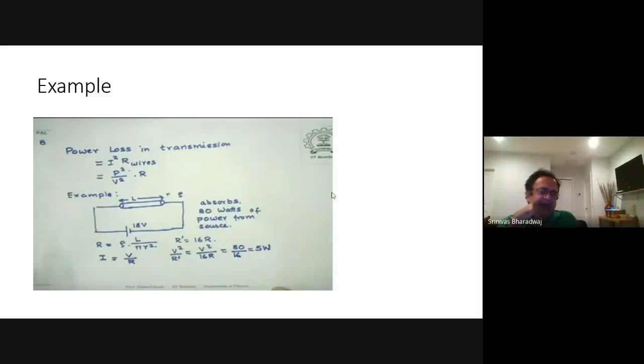That line has resistance. The longer the line, you already know rho L by A, and the greater the thickness, the lower the resistance. So there is a loss of power in the lines. That's why they spend a lot of money trying to understand how to use power most judiciously.